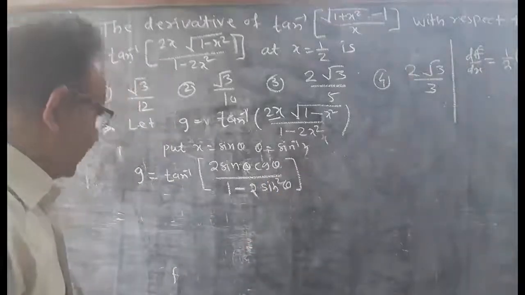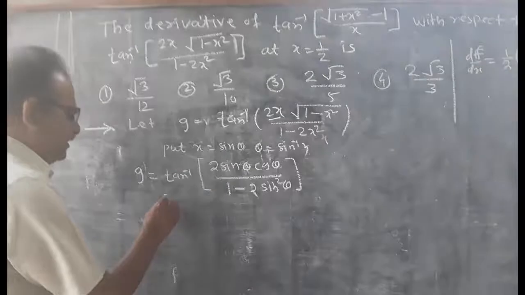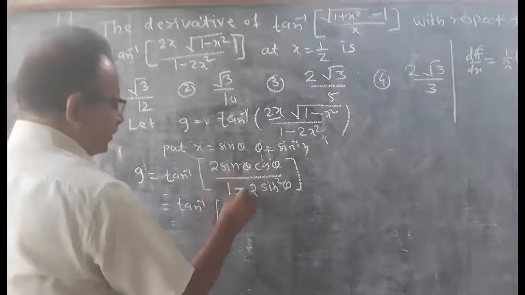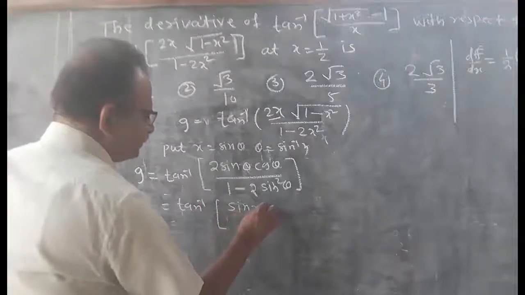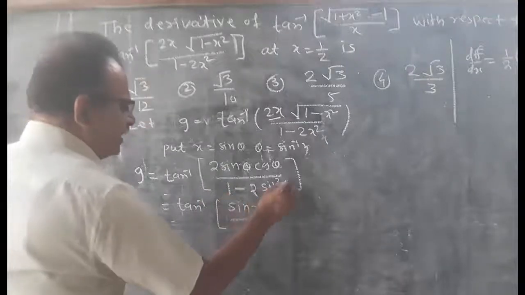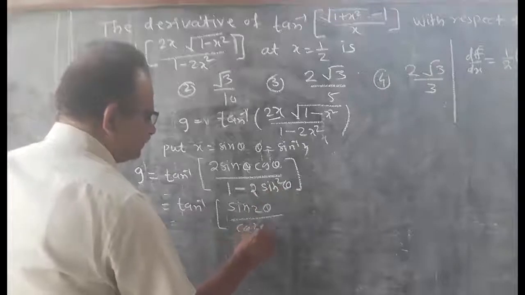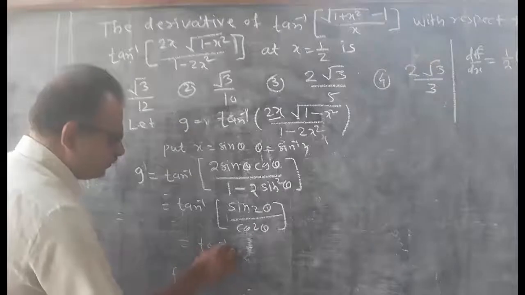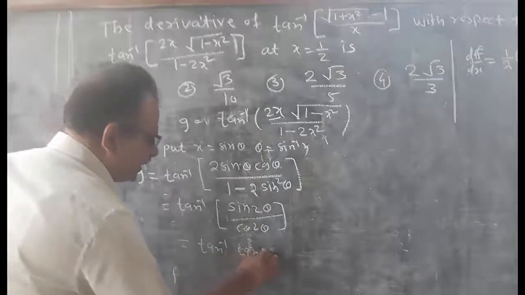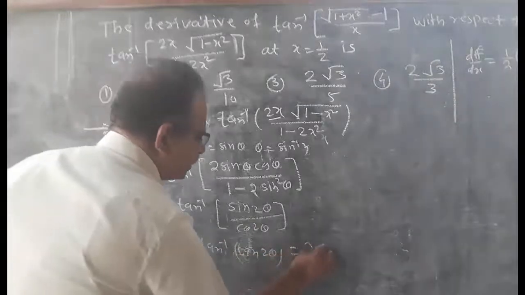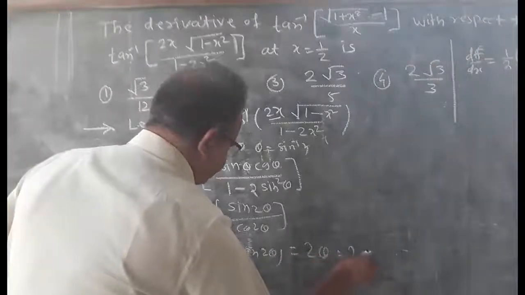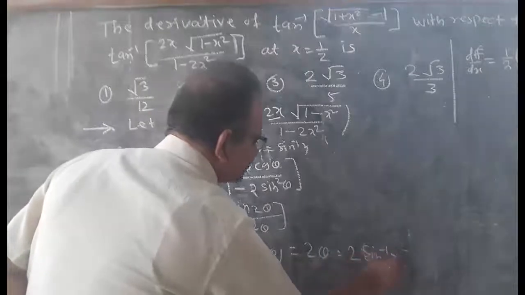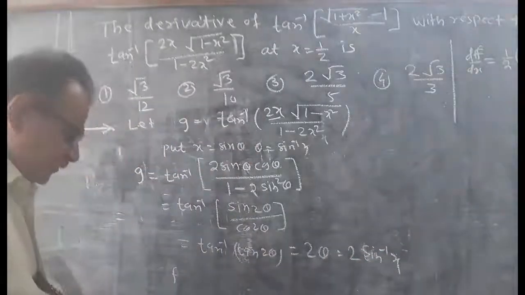We know that 2 sin theta into cos theta is sin of 2 theta, and 1 minus 2 sin square theta is nothing but cos 2 theta. And therefore, this is nothing but tan inverse of tan 2 theta, which is nothing but 2 theta, equal to 2 times sin inverse x.